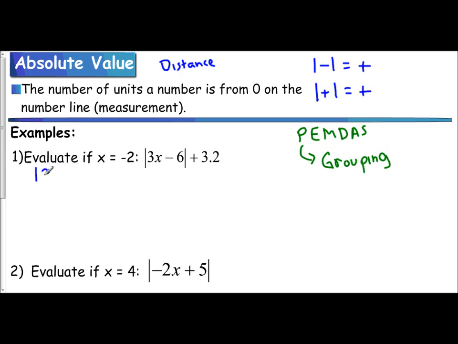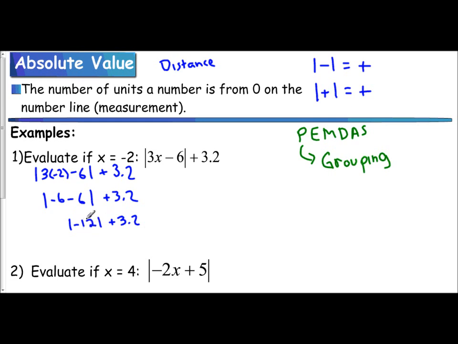So we have 3 times -2 minus 6 in the absolute value, and then we're going to add 3.2 afterwards. That gives us the absolute value of -6 minus 6, plus 3.2, which is the absolute value of -12 plus 3.2.